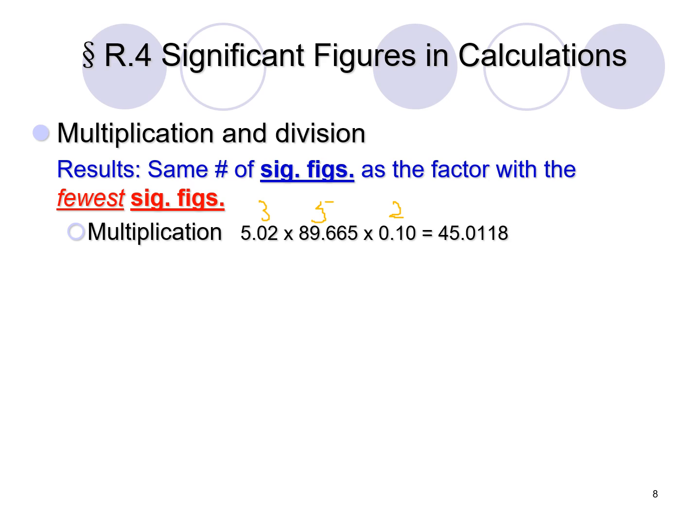Remember, our result must have the fewest sig figs. 2 is the fewest. So we count from the left, 1, 2. We stop at the digit of 5 for sig figs, and we round down the rest, so we simply call it 45. Division follows the same rule here.